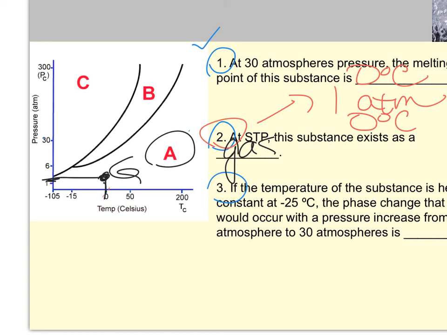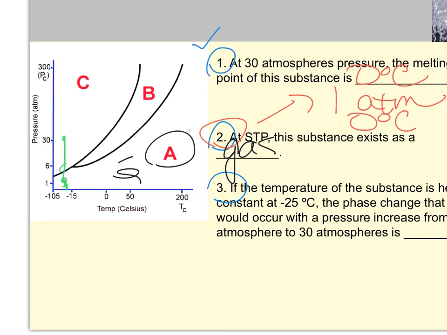And finally, if the temperature is held constant at negative 25 degrees, what phase change occurs as pressure increases? So negative 25 degrees is around there, and we're going to start at a pressure of 1 atmosphere, hold it at negative 25 degrees, and take it all the way up to 30 atmospheres.